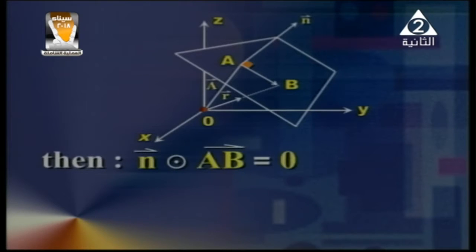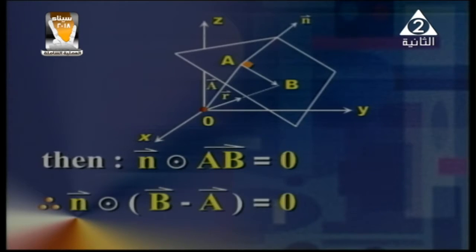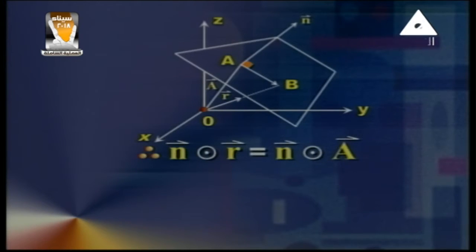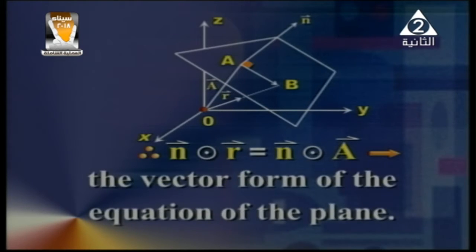Then we deduce that n dot AB vector equals 0, n dot (b minus a) vector equals 0. Remember, b vector equals position vector r. Then we deduce that n dot r vector equals n vector dot a vector. This equation is the vector form of the equation of the plane.